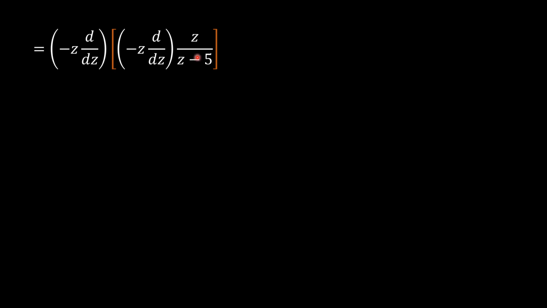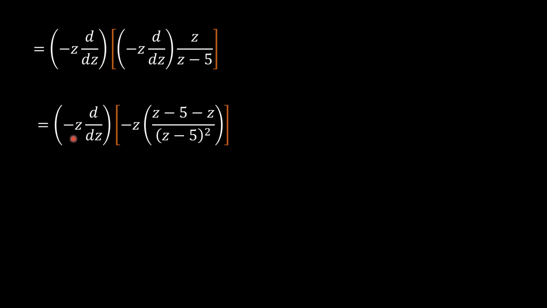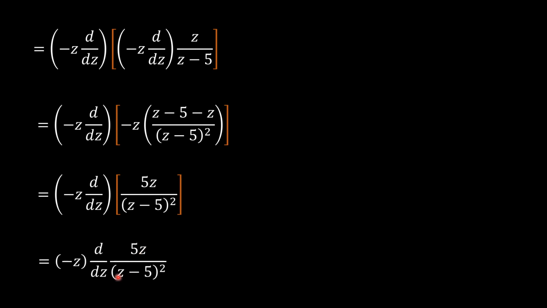Therefore, first of all, we will evaluate derivative of z upon z minus 5 with respect to z. That will give us z minus 5 minus z divided by z minus 5 bracket square. Here we use quotient rule of derivative. Multiply this result by minus z. Simplify the expression. That will give us 5z divided by z minus 5 bracket square. Now again differentiate it using quotient rule of derivative and multiply the result by minus z.